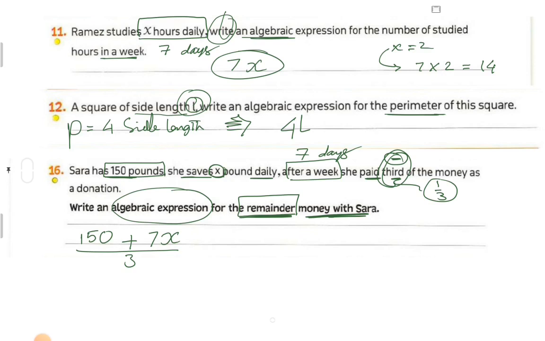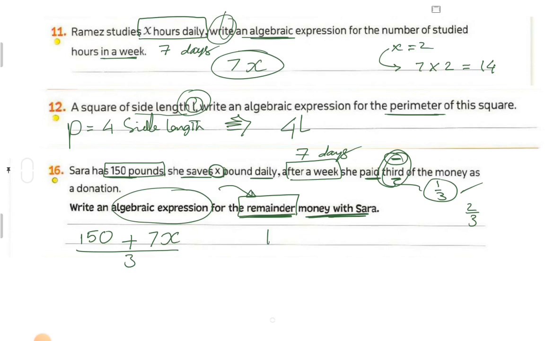But he asked us to write an algebraic expression for the remainder. Now we can use our memory. I have money, I paid a third. What's the remainder now? Just 2/3. Why?